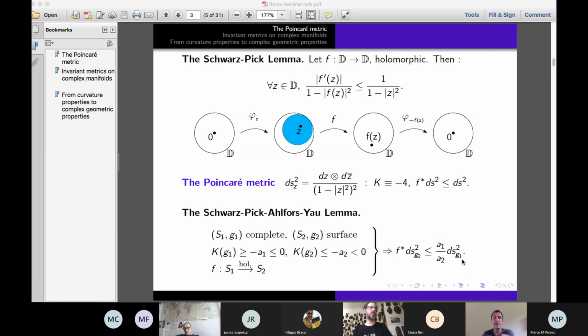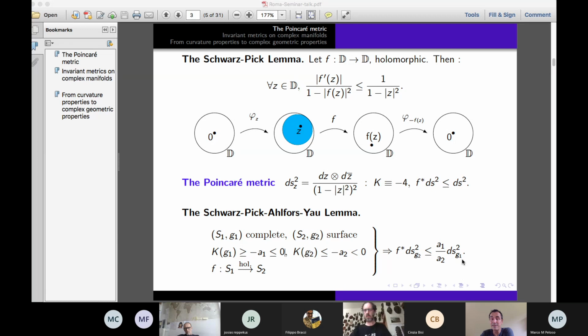So you see in the case of the Schwarz-Pick lemma, of course, A1 equals A2 equals -4. So that's why you get really the decreasing under the action of holomorphic maps. Now you see it's much more interesting because the curvature of the surface appears really in the inequality you obtain.